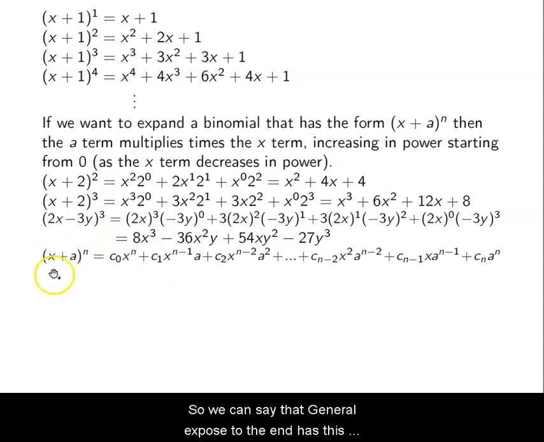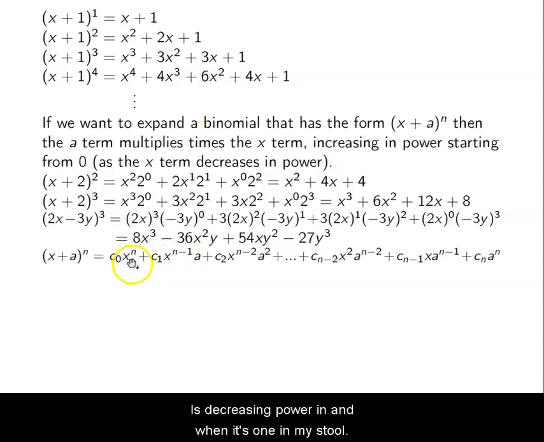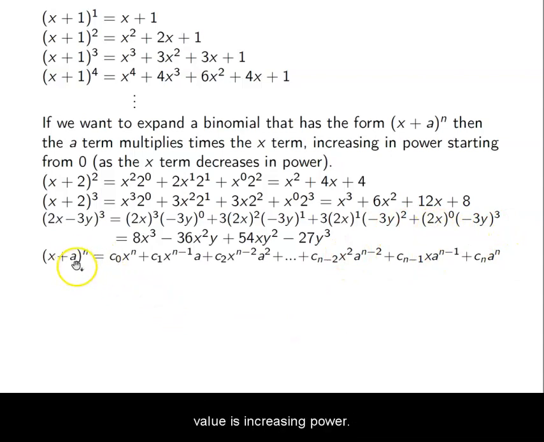So we can say that in general, (x plus a) to the n has this form, right? C naught x to the n, C1 x to the n minus 1. If you notice, the x is decreasing in power, n minus 1, n minus 2, all the way down to x not present at all. The a value is increasing in power.